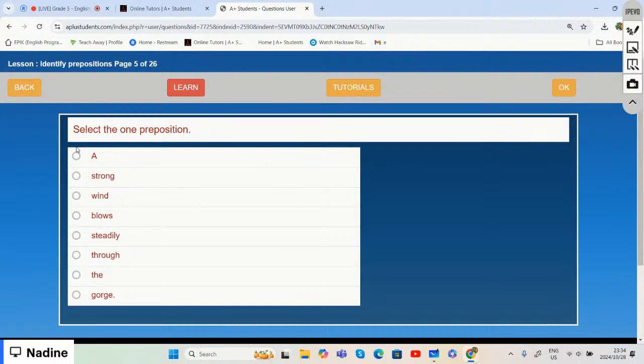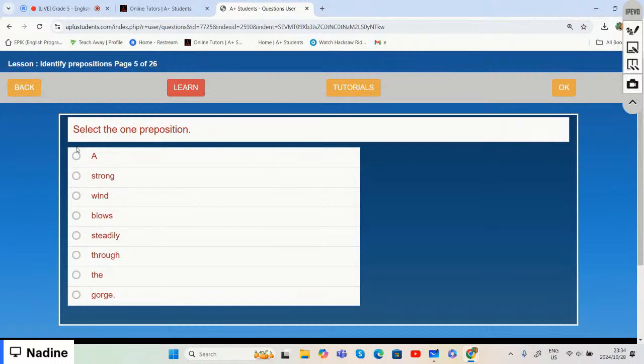We need to select the one preposition within that sentence.